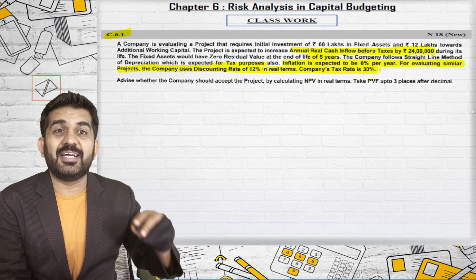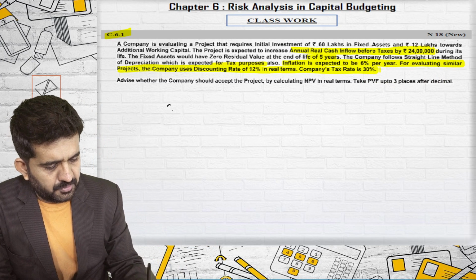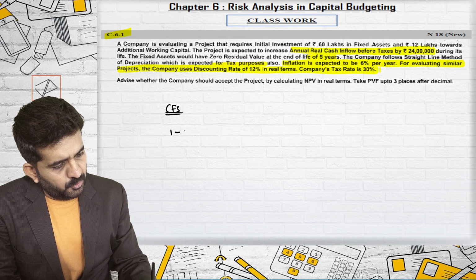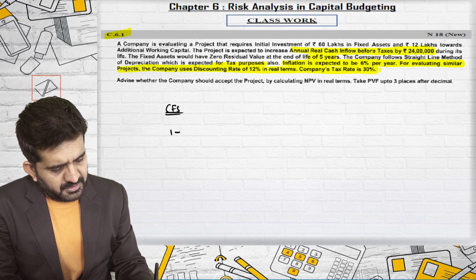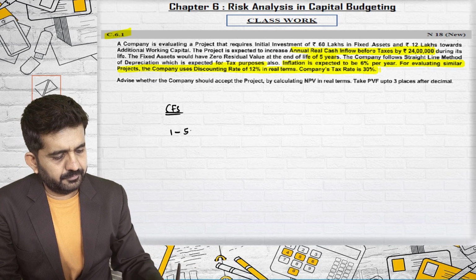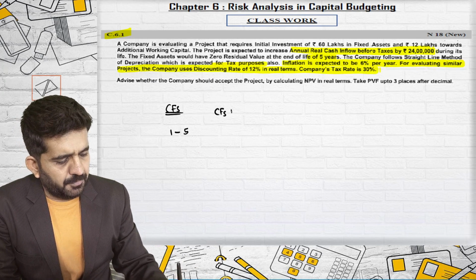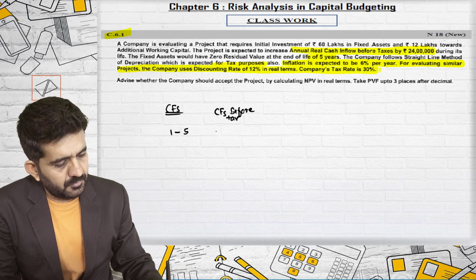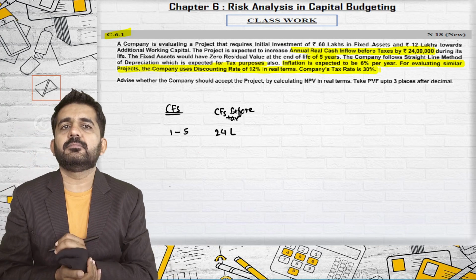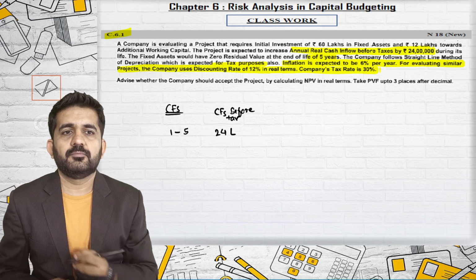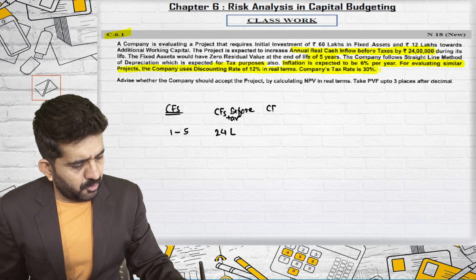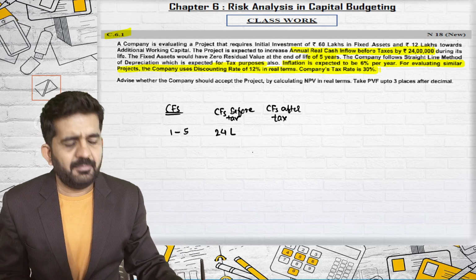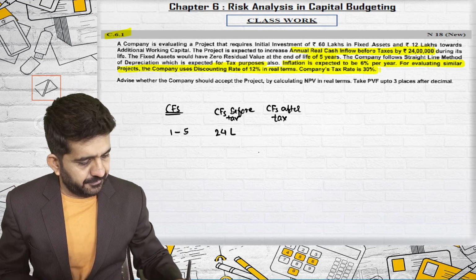First, let me solve that capital budgeting question of cash flows. I need to find out cash flows from 1 to 5 years. My cash flow before tax is 24 lakhs. I am directly finding out cash flow after tax. Sir, what about depreciation? I will be treating depreciation separately.